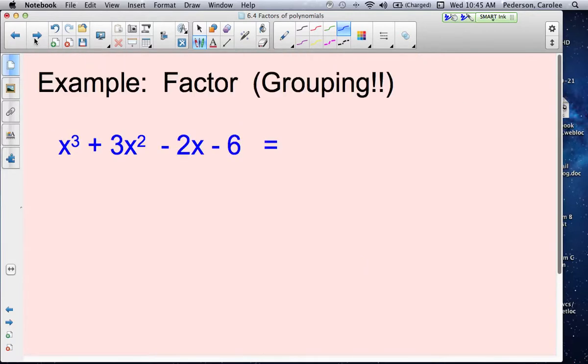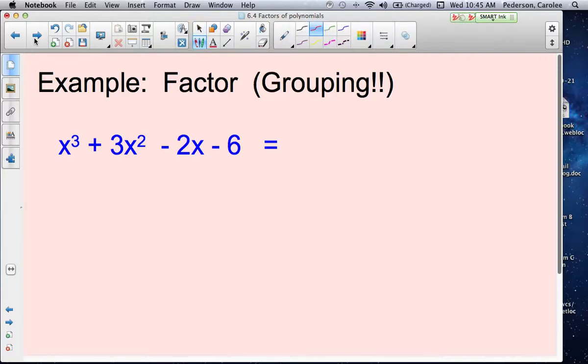Let's go on to review factoring again. Let's do now the grouping method. We know to use the grouping method when we have 4 terms. So go ahead and write this example down. All right, so what we're going to do is we're going to group the first 2 and the last 2.